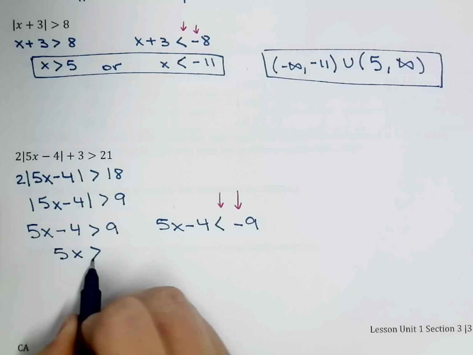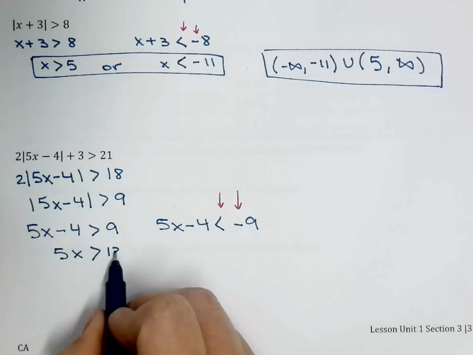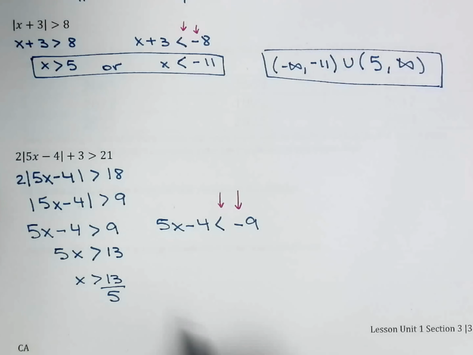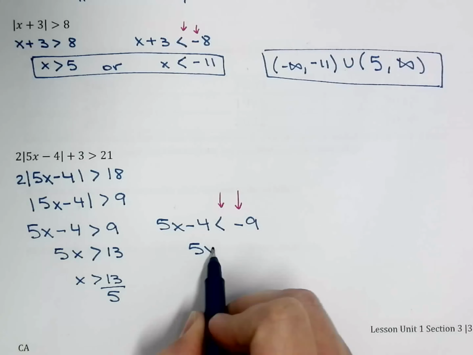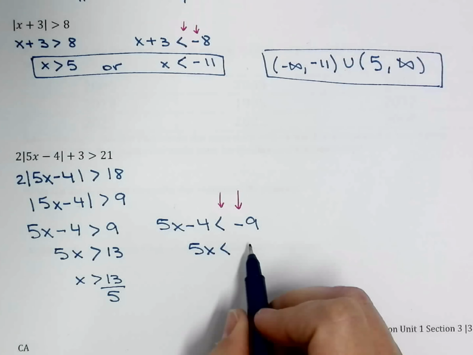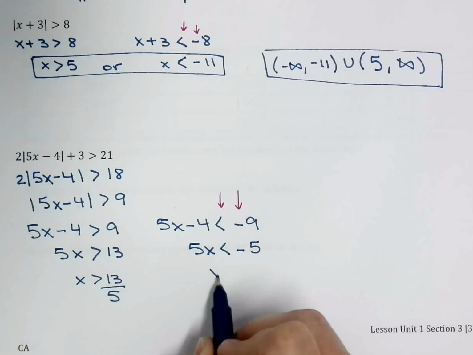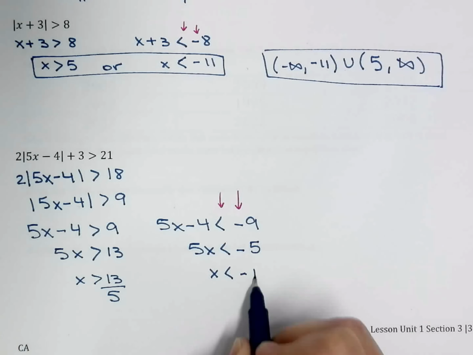So add 4 to both sides. I have 13, divide by 5, 13 over 5. Same thing over here. Add 4 to both sides. I get -5, divide by 5, -1.